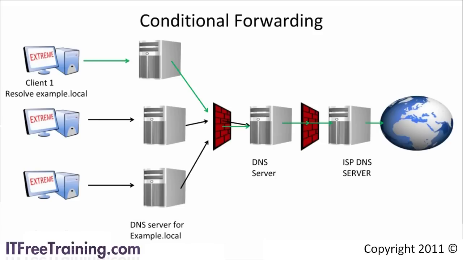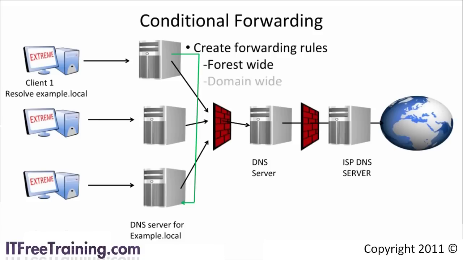The DNS server at the bottom of the screen hosts the DNS records for example.local. You want all the requests for example.local to go to this DNS server. Conditional forwarding allows you to create a rule to forward requests for this DNS name to the DNS server that has the DNS records. These rules can be replicated to all DNS servers in your forest or your domain.